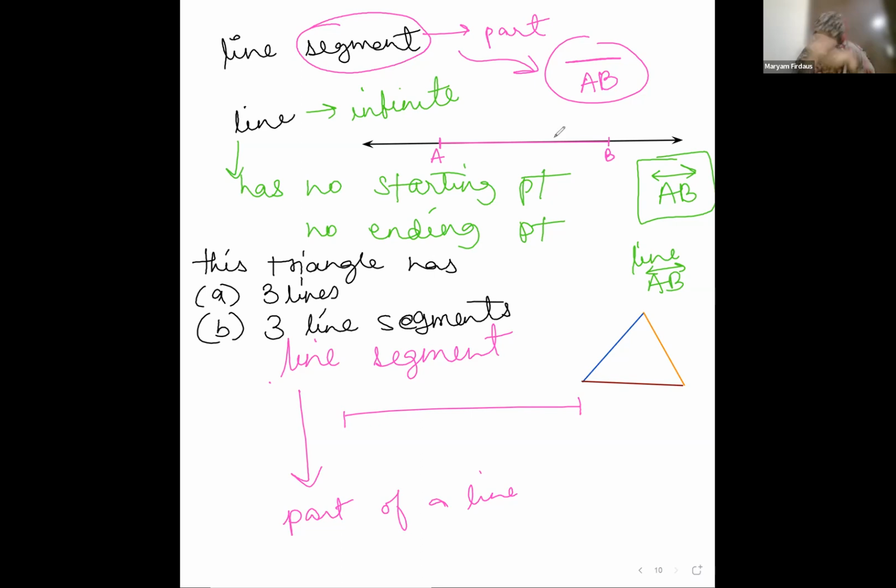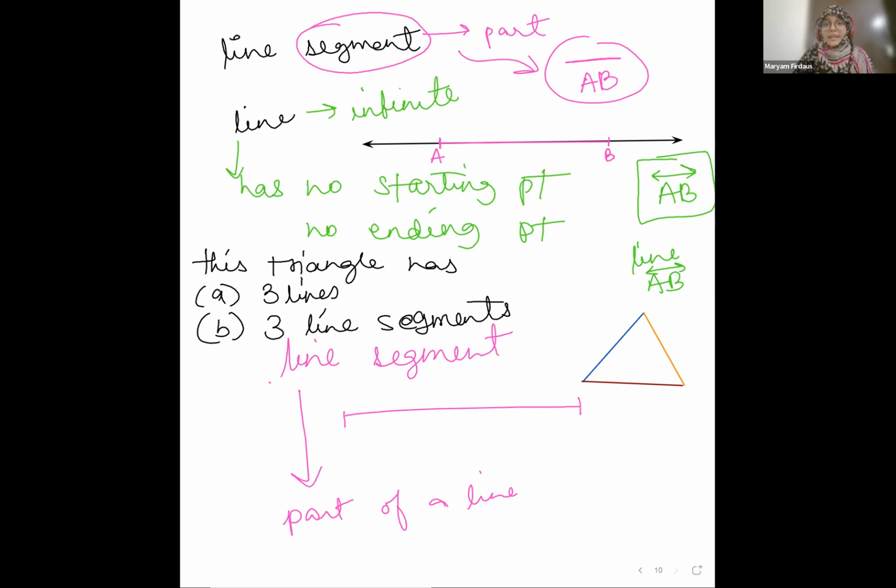Okay. Are these lines, do they have arrows? No, they don't have arrows. Are they going on indefinitely, or can you take a scale to measure these sides of the triangle?